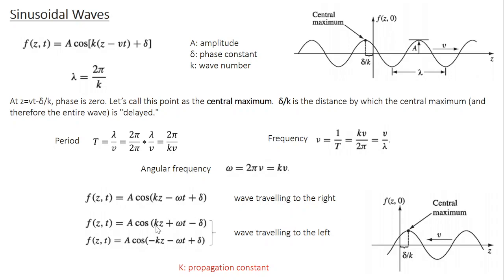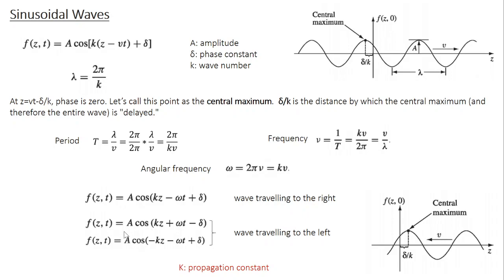Now if you compare these two equations, wave traveling to the right and wave traveling to the left, we know that cosine function is an even function. Cos minus theta is same as cos theta. So here in the argument, if I put a minus sign here, the value doesn't change. So this I can write as A cos(minus kz minus omega t plus delta).